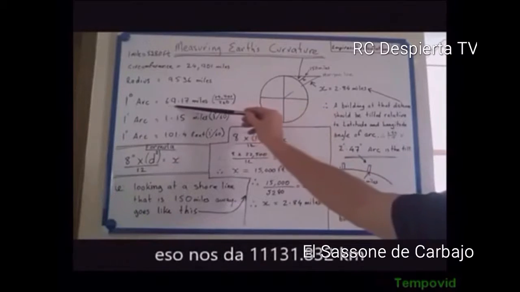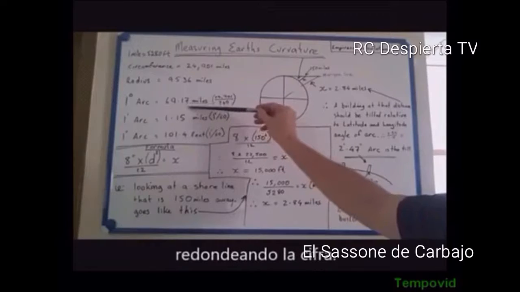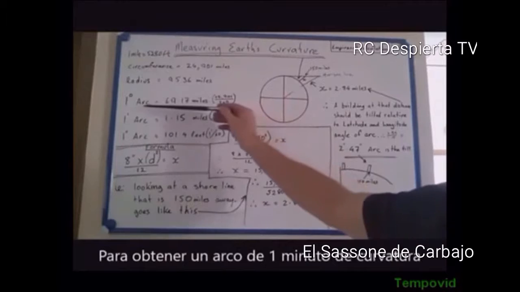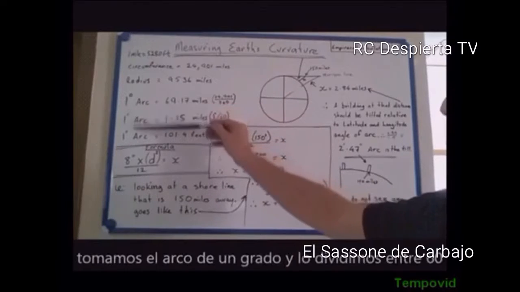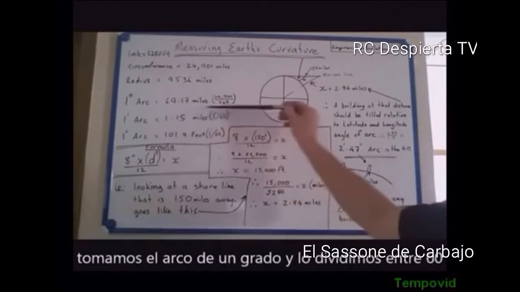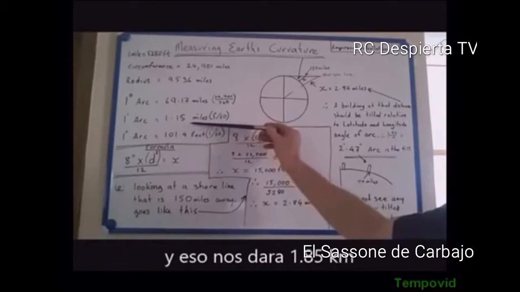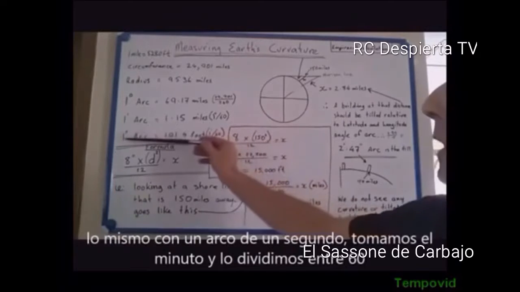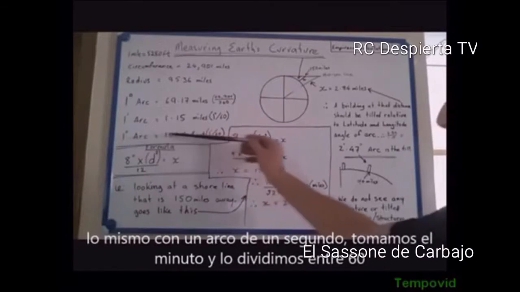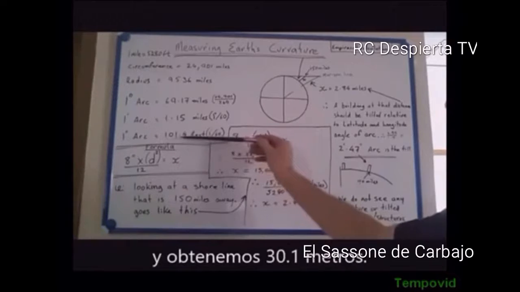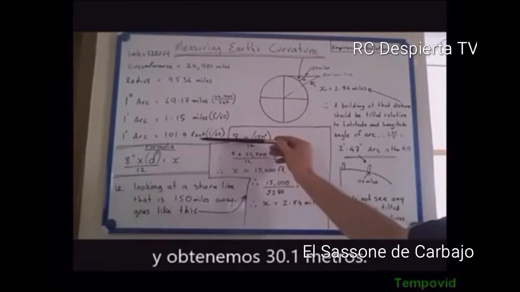That gives us 69.17 miles, rounded down. All figures have been rounded down. To get 1 minute of arc curvature, we take that 1 degree and divide it by 60, which gives us 1.15 miles. Likewise, with 1 arc second, we take the minute and divide it by 60, and we get 101.4 feet.